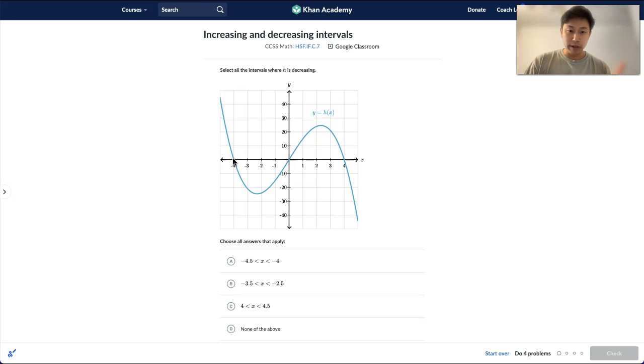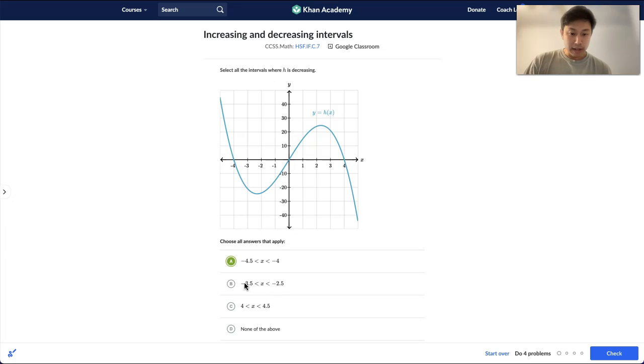Remember, you have to read it from left to right. From left to right, it is going down. It's decreasing, so that would be an appropriate selection because we're asked to select the decreasing intervals.